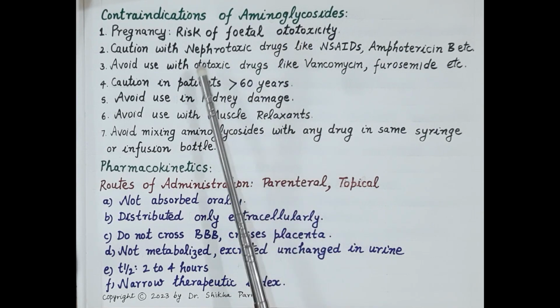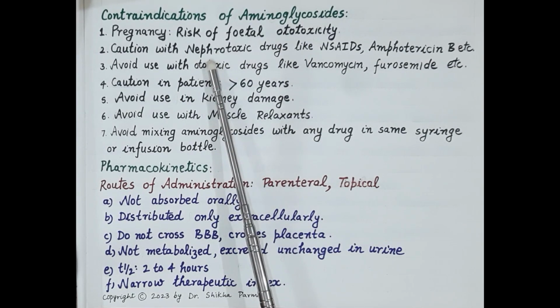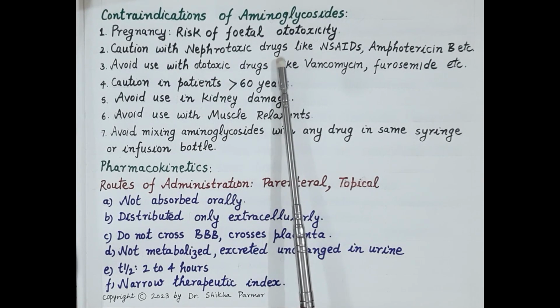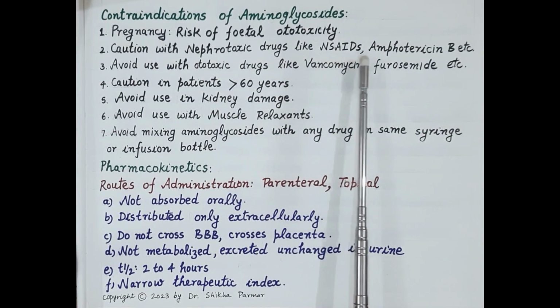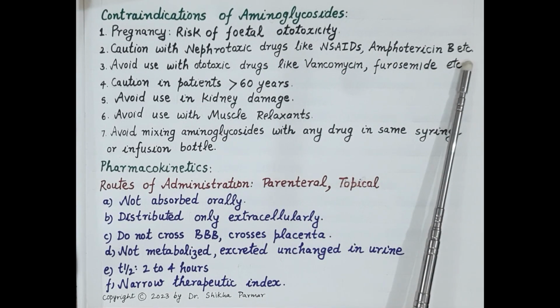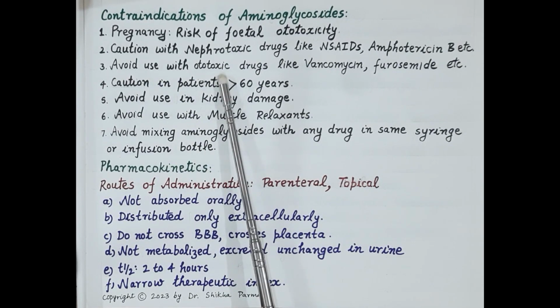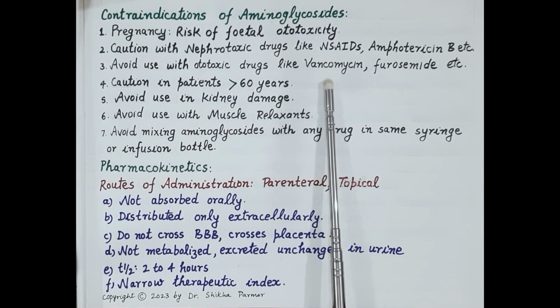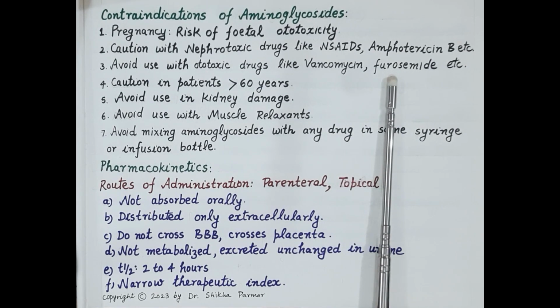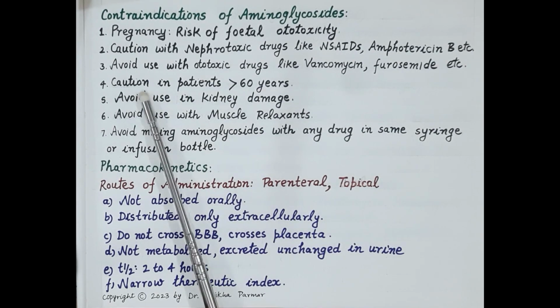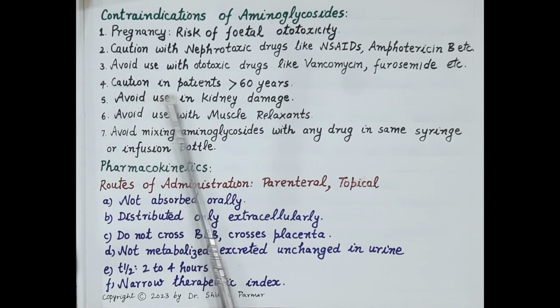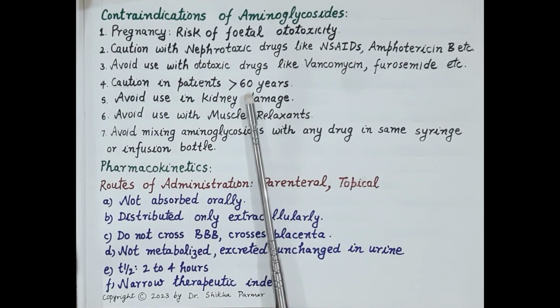Caution should be exercised while prescribing aminoglycosides with nephrotoxic drugs like NSAIDs, amphotericin B, etc. Avoid use of aminoglycosides with drugs causing ototoxicity, for example, vancomycin, furosemide, etc. Then caution should be exercised while prescribing to patients more than 60 years of age.